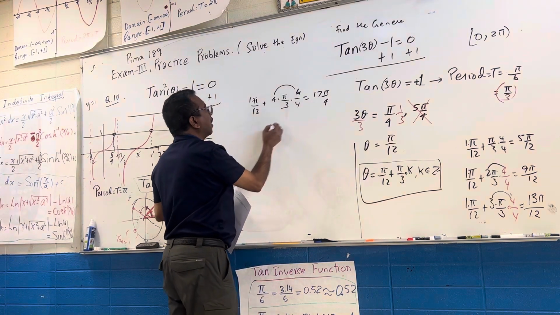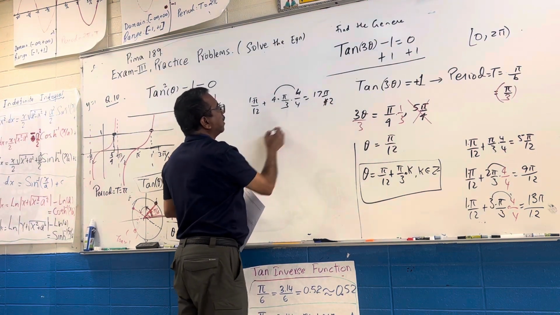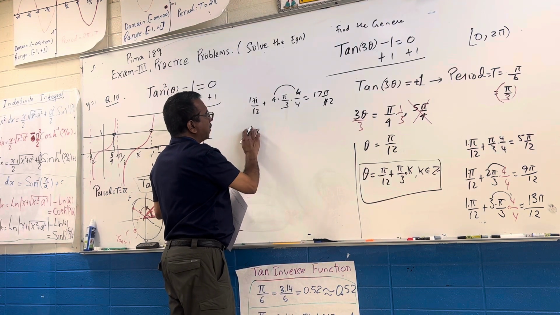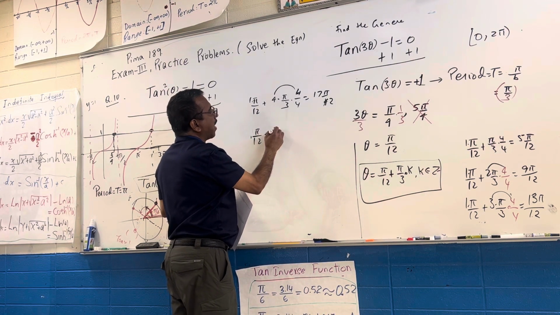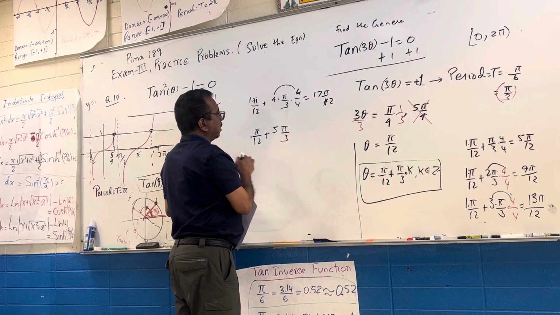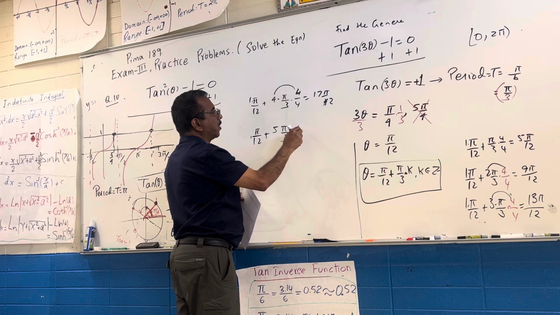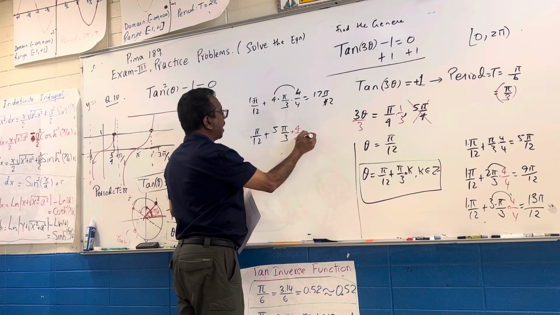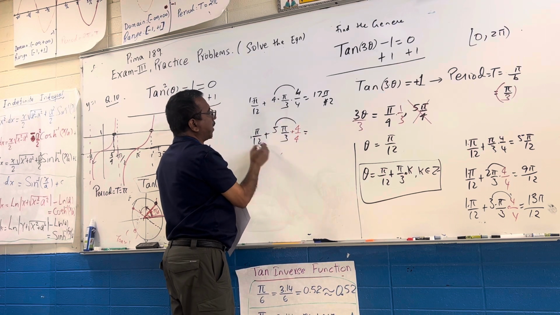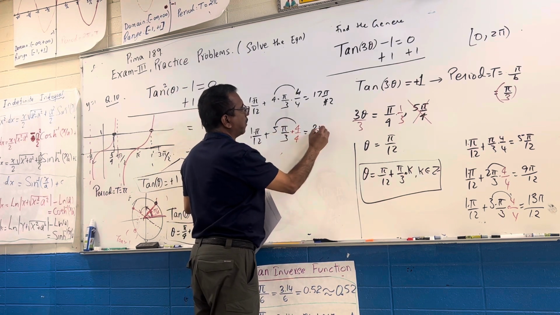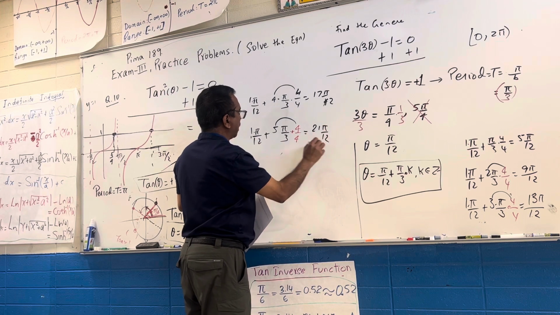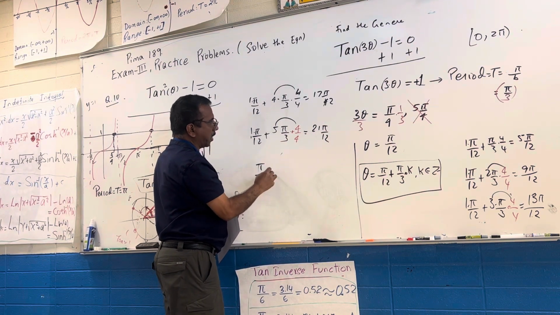And you can still go on. Pi by 12 is the original, then you add 5 of them, and then again multiply by 4 and 4. That will give you 5 times 4 is 20, and there's 1 here, so it is 21 pi by 12.